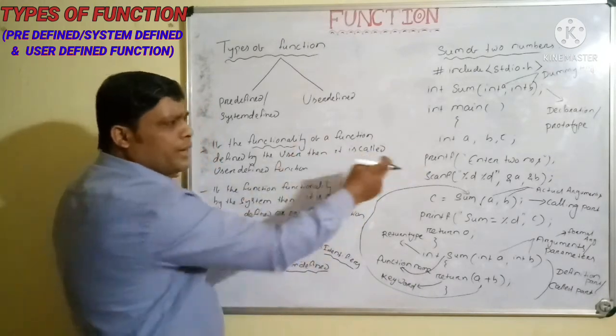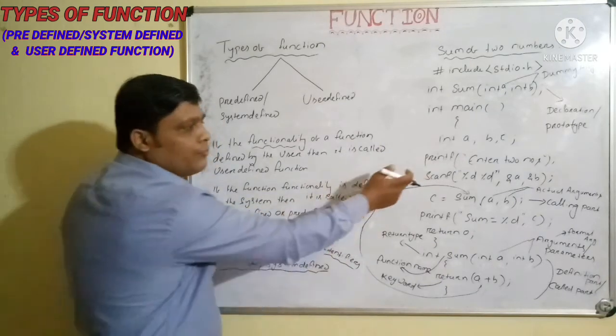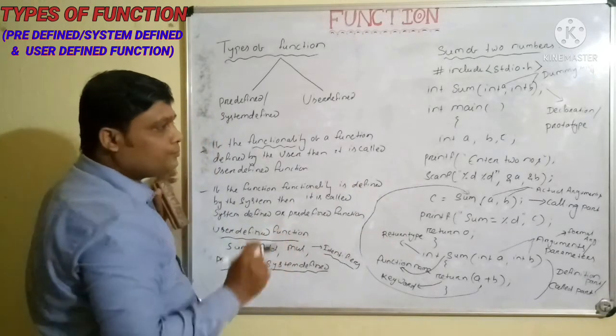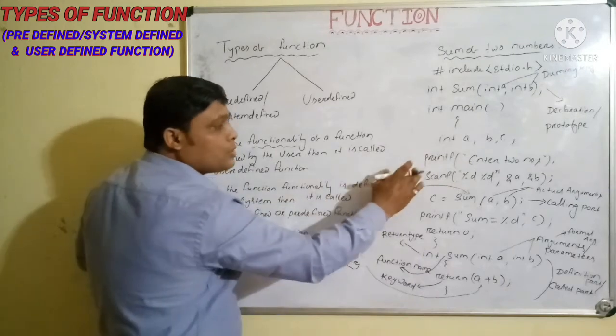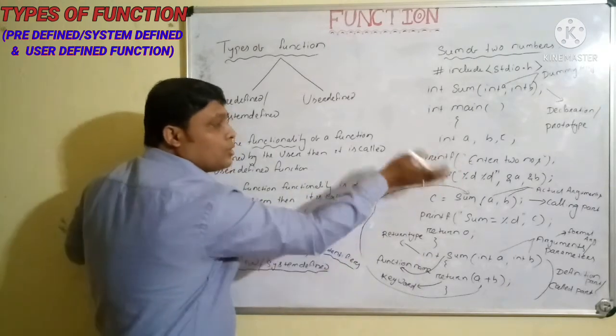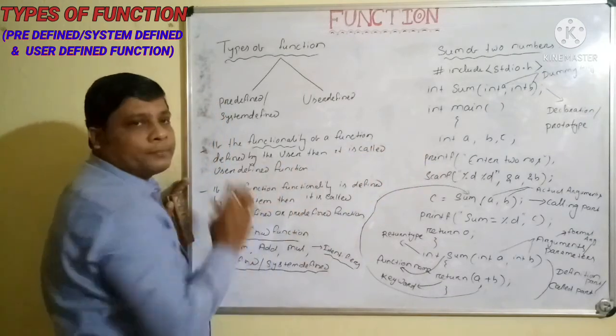What does that function do? Will printf input something? No, never. Will the scanf function print something? No. Clear? So the printf function always prints something. The scanf function will input something. So what the printf function will do, what the scanf function will do, is already predefined.